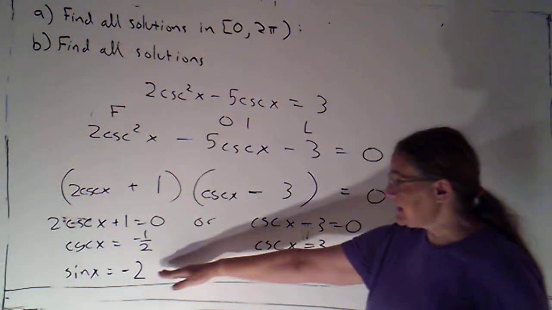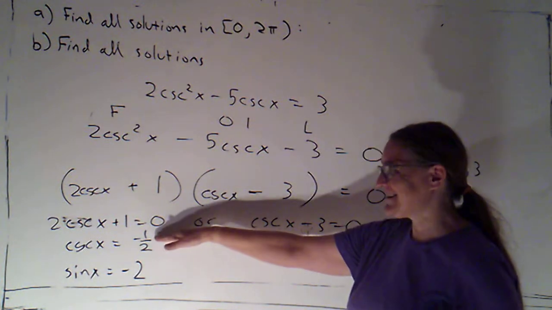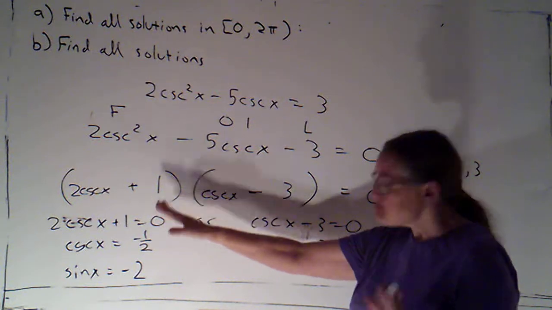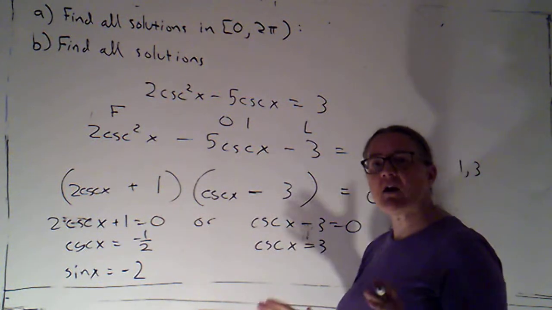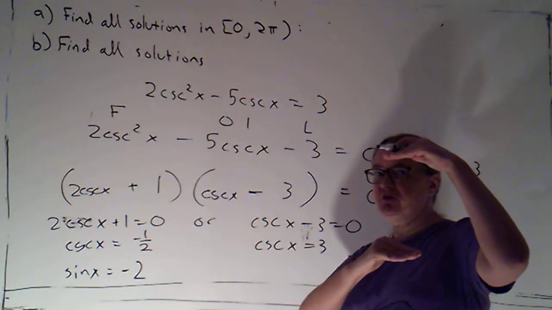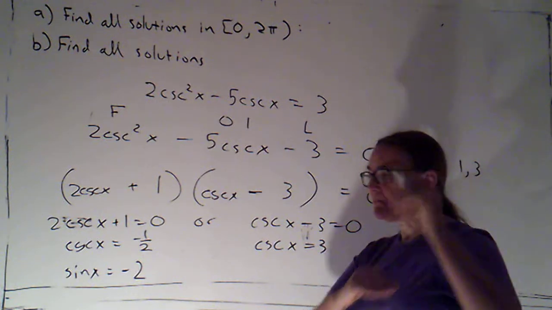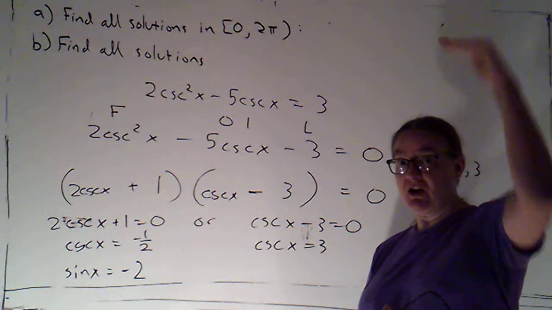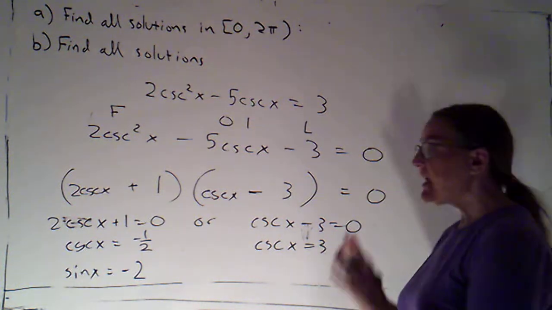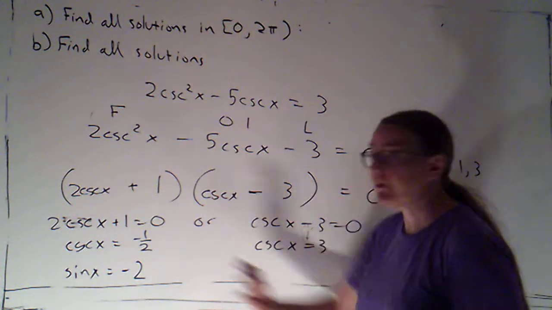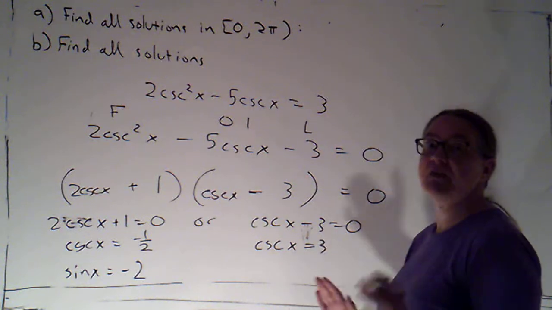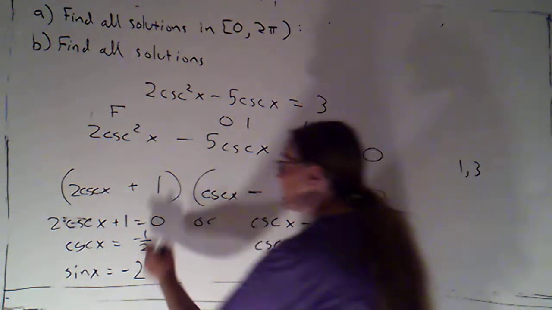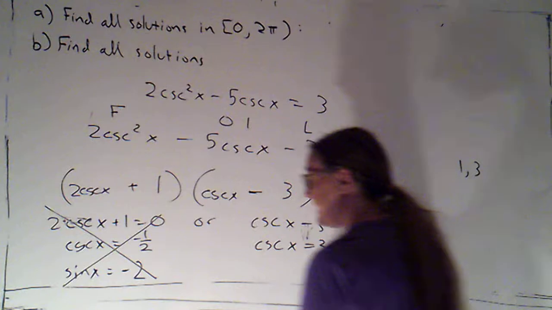Now, I think it's a little easier to see that that has no solutions. You can see it either way, but I know sine can only take on values between negative 1 and 1. Cosecant, on the other hand, only takes on values 1 and bigger, or negative 1 and smaller. Either way, the number I have is not in the range of the appropriate trig function. So this has no solution here.